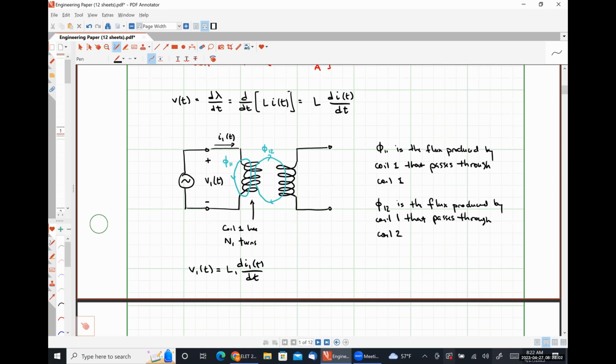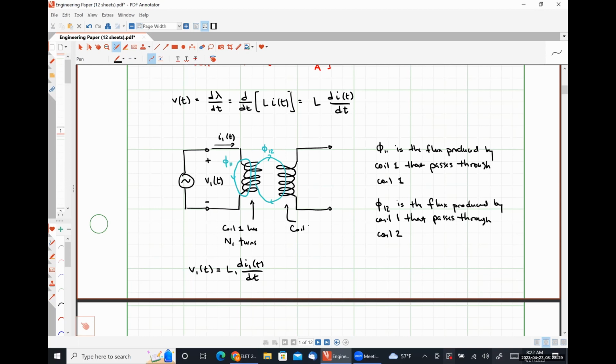Because the current I1 of t is changing, it is producing a time varying flux and a time varying flux linkage. That time varying flux is passing through coil 2. And whenever a coil experiences a time varying flux, a voltage is induced in the coil, according to Faraday's law of induction.